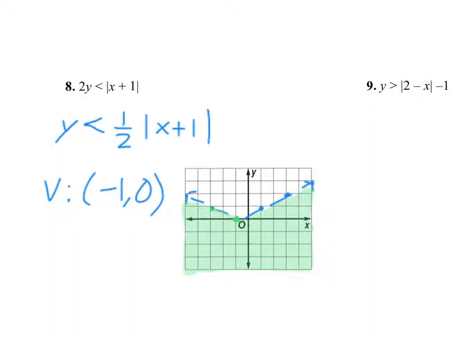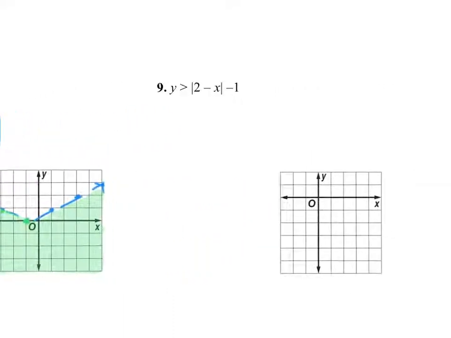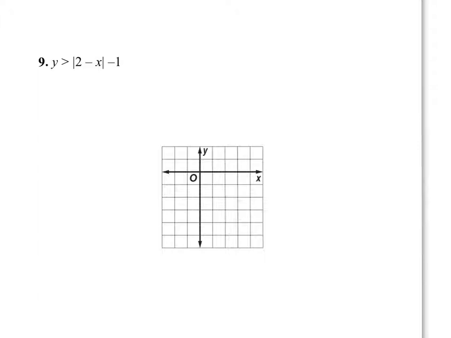Okay, next one. So remember the format we want to get it in. We want x to go first. So negative x plus 2 is the same thing as 2 minus x.